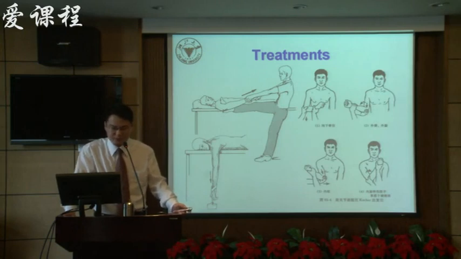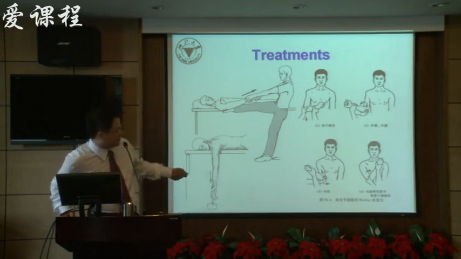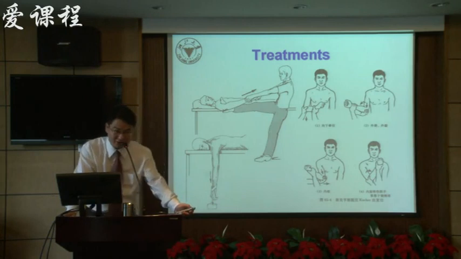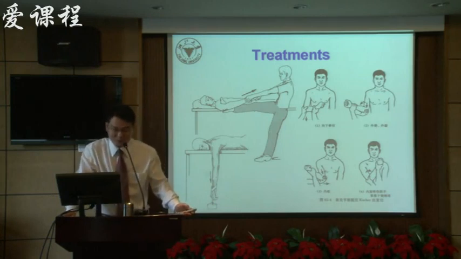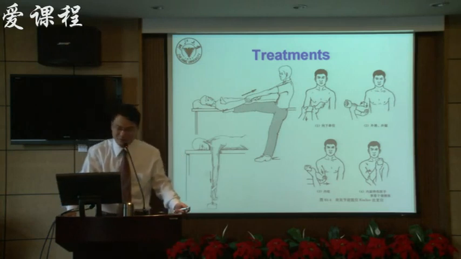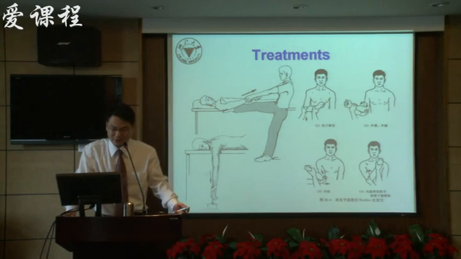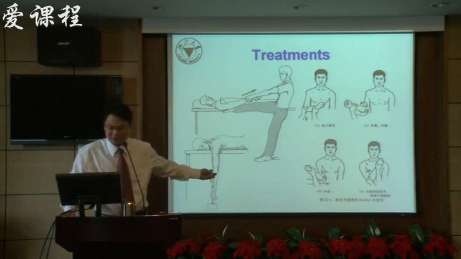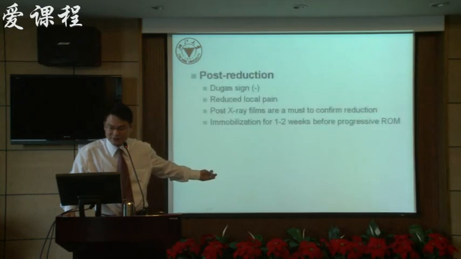Here is another maneuver, and I have not used this way for quite a while. And this maneuver actually is the most common one. You can try this maneuver in our department if we have such patients.